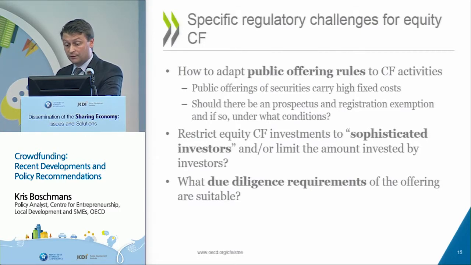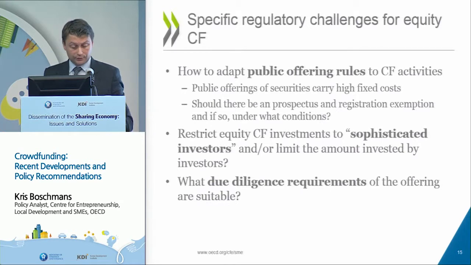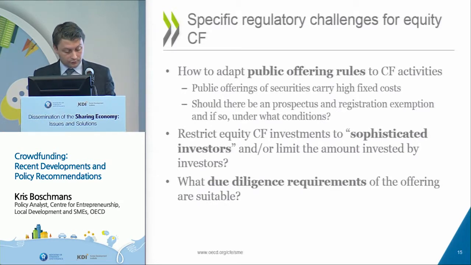And the question is what exactly should be the prospectus rules and registration exemption, if they should be, how tight they should be, under what conditions. Just to give one example, Austria has just enacted legislation on equity crowdfunding.